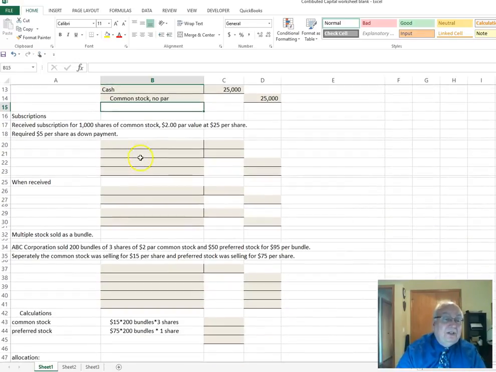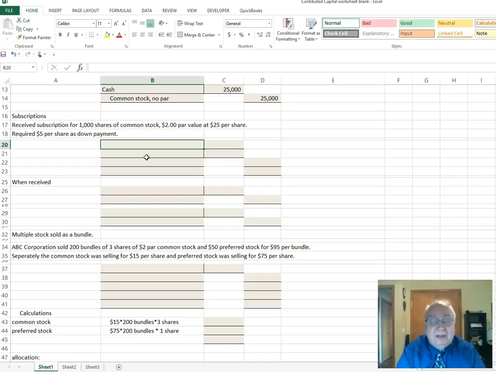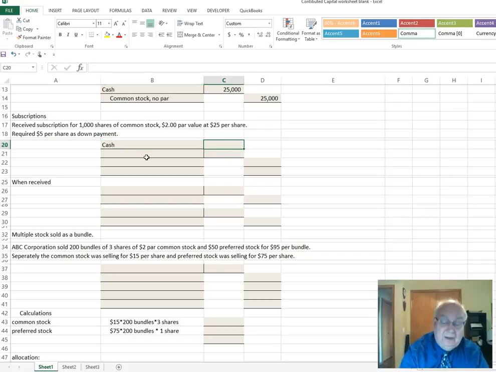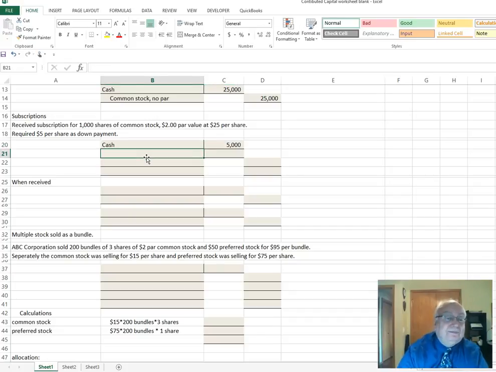Now the other way stocks are issued is basically through subscriptions. Now for this one, we're going to do subscriptions receivable. We're going to receive subscriptions for 1,000 shares of $2 par value stock, and again the market price is $25. But this time it's going to require a $5 down payment. So for the $5 down payment, cash is equal to 1,000 times 5, and then we would have subscriptions receivable.